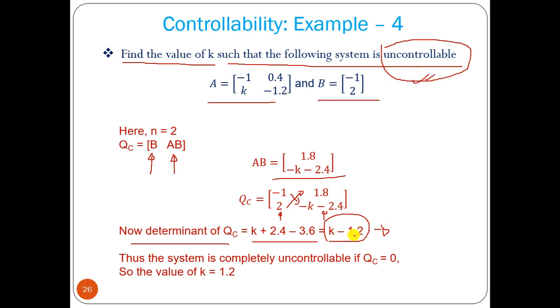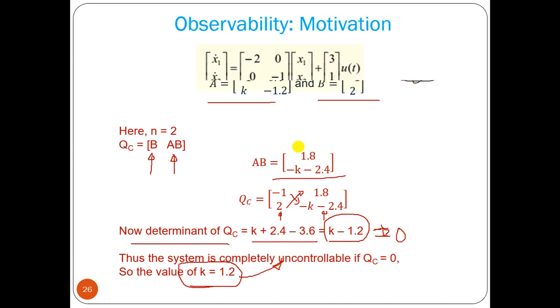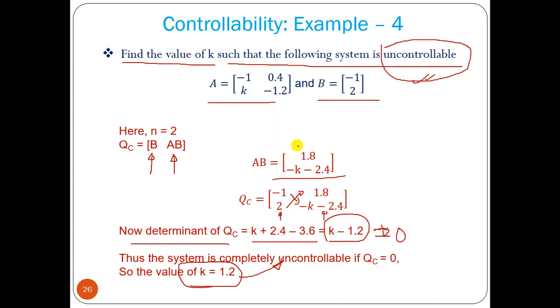The determinant of QC should be equal to 0, then the system is uncontrollable. So the K value should be 1.2, then your system becomes uncontrollable. Okay, so this is another type of problem that you can get in your question paper.